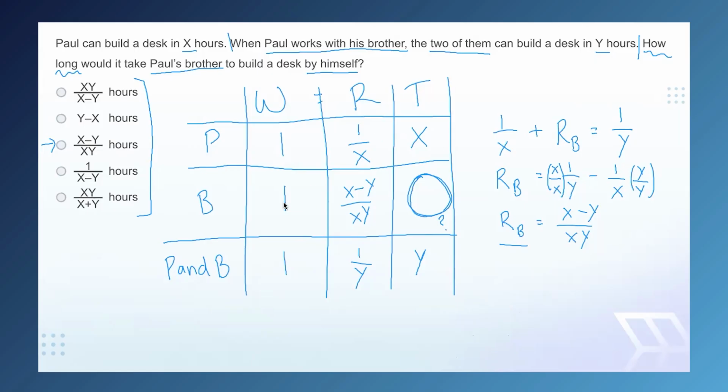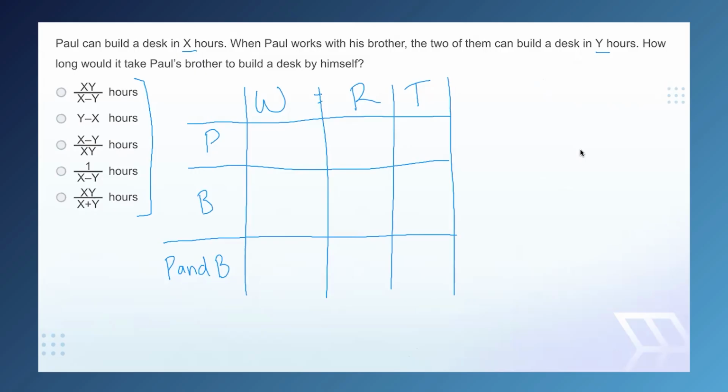All right, we have the work and the rate in row B. We can solve for the time in row B. Now, if we had more complicated math, we could write this out over here and manipulate, but because we know that work is 1, we know that time is going to have to be the inverse or the reciprocal of rate. So time is going to be X times Y over X minus Y, or answer choice A.